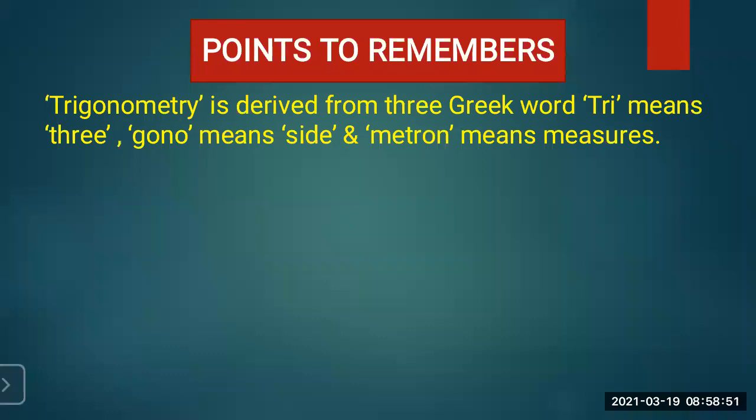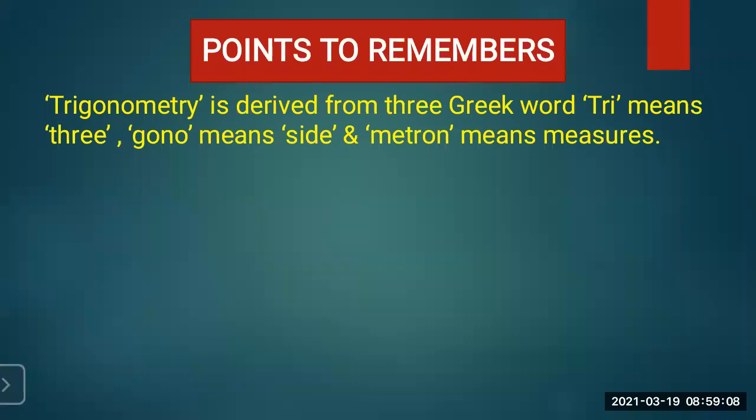Now, first of all, this we have done in the previous lecture of trigonometry, but again, as I told you, they are the points to remember. So just recall what you have done in your previous lecture.